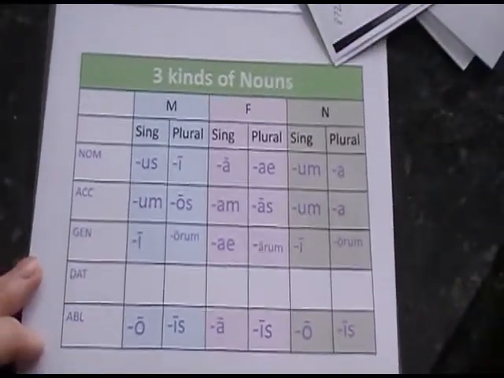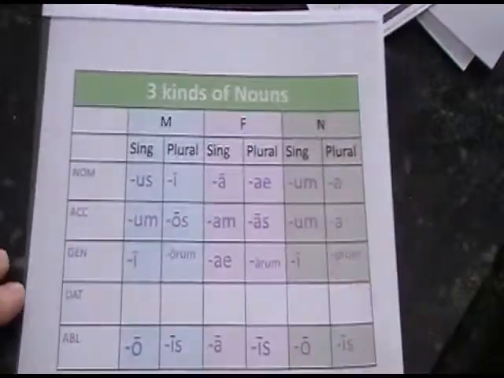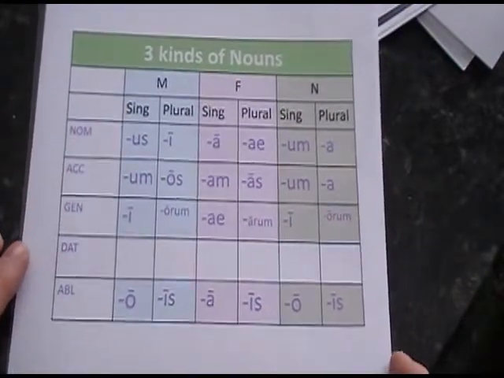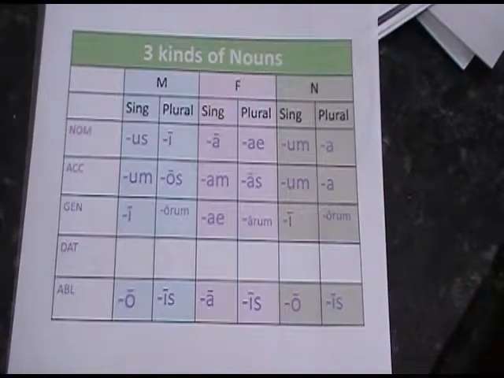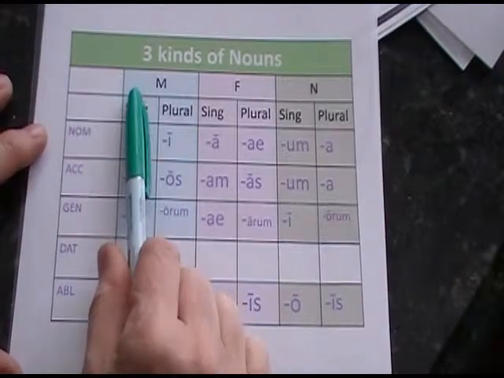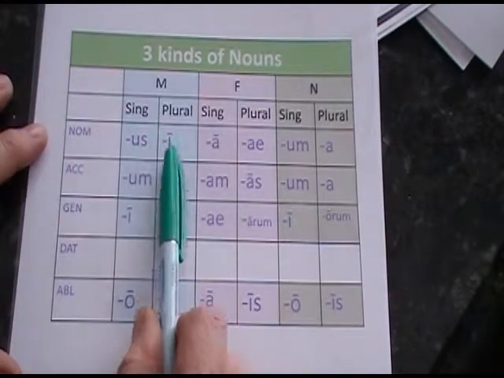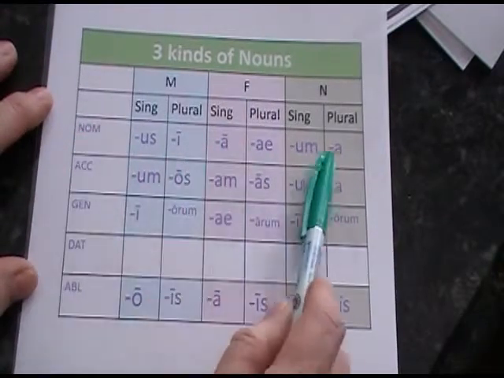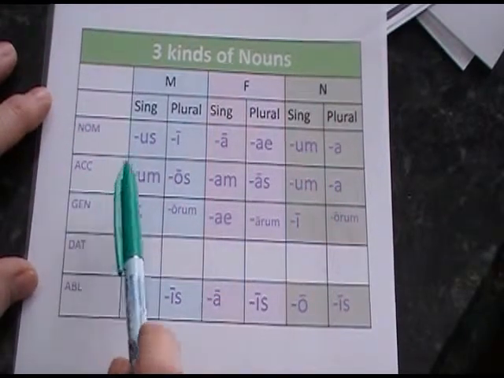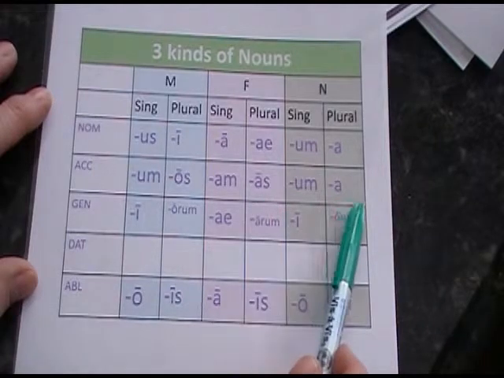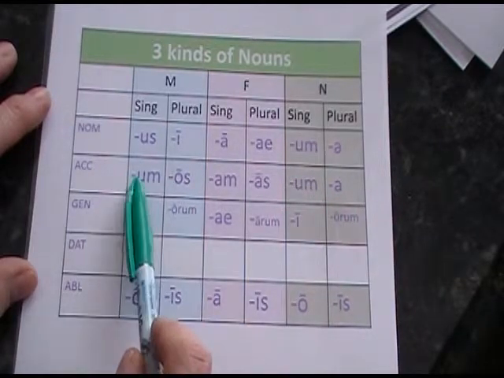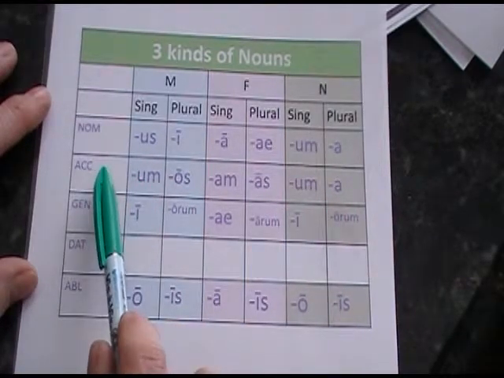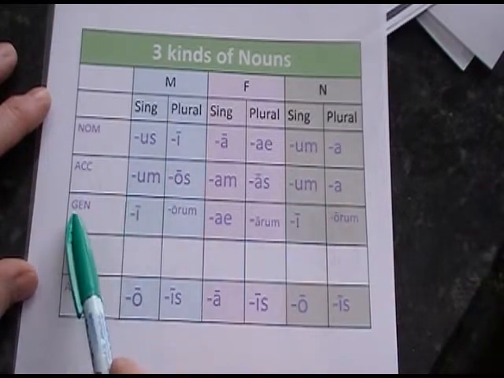Remember our good old three kinds of nouns chart, which gives us the endings for masculine nouns, singular and plural. Remember, nominative, these are the endings for the subject. Accusative, these are endings we use after accusative prepositions and also for direct objects.